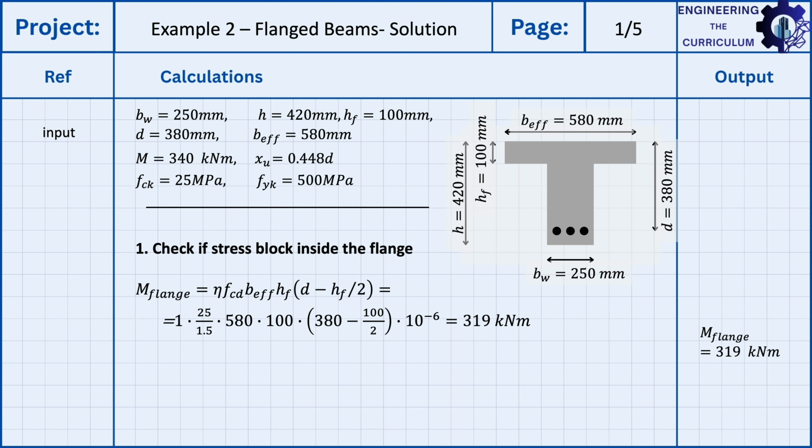So the first thing we do is we calculate what is the moment that the flange can carry. To do that, we take eta, which is 1, times FCD, which is the strength of concrete divided by the safety factor of 1.5, times the effective B, which we already know is 580, times the height of the flange, or the height of the slab, which is 100, and all that times 380, which is the effective depth, minus the height of the flange divided by 2.